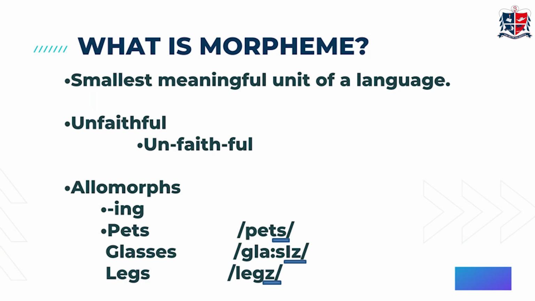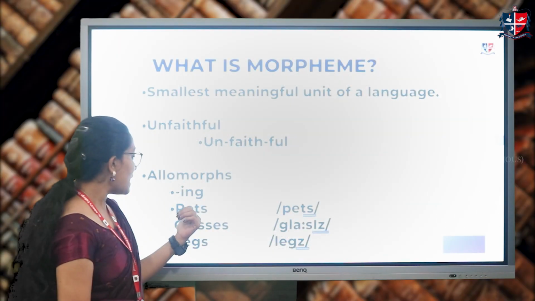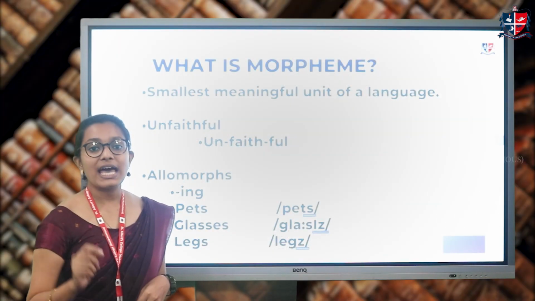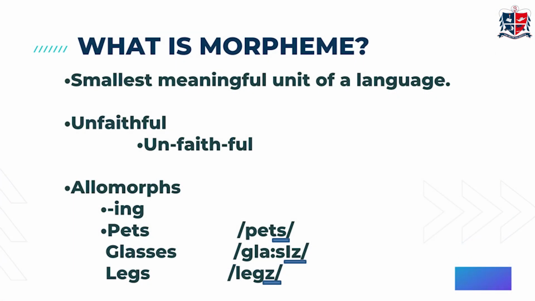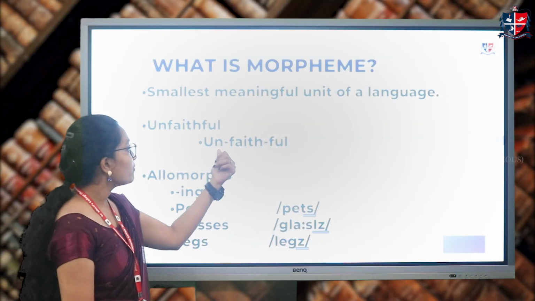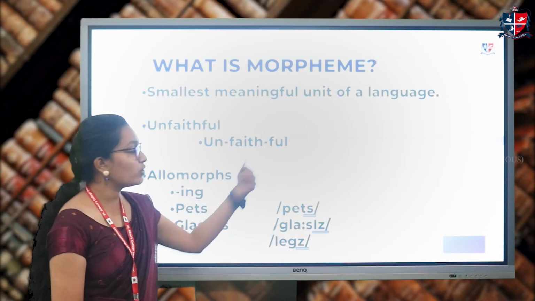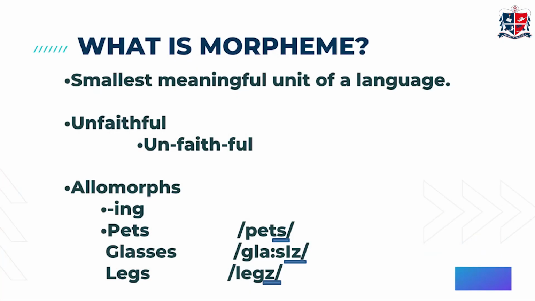So we know that certain morphemes always occur in the same form in all words. For example, ing and ed. So these occur similarly in all environments. For example, un and ful always occur in the same form in all words. Let's take the example of the plural morpheme.